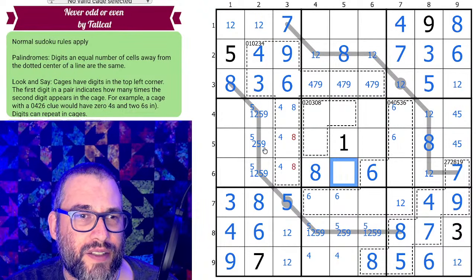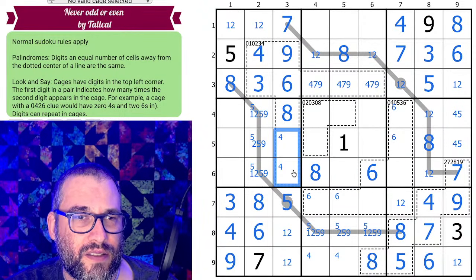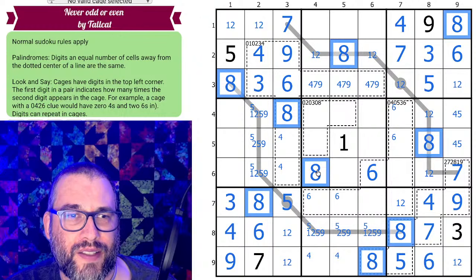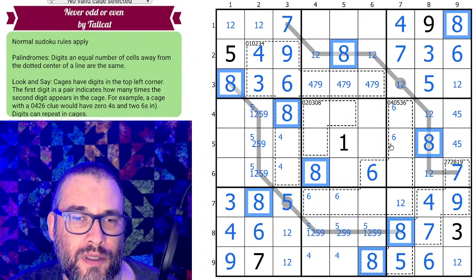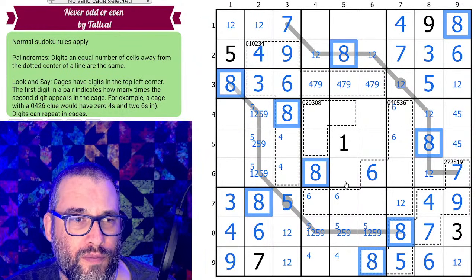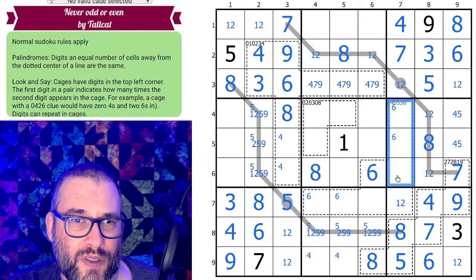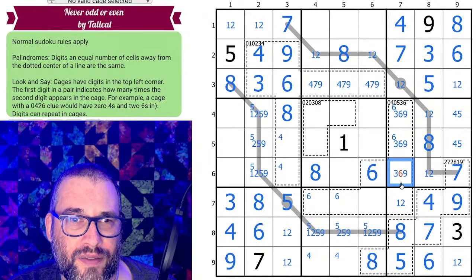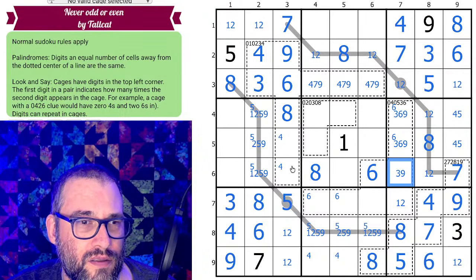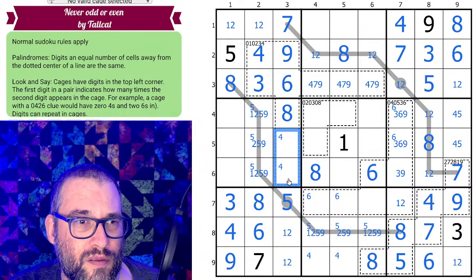That's an 8. That's an 8. Any more 8s? No. Let's see, 3, 6, 9 left here. This is 3 and 4.